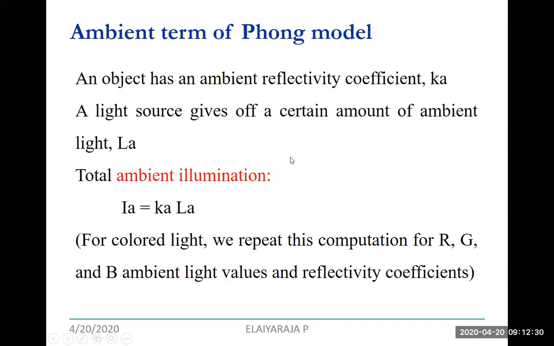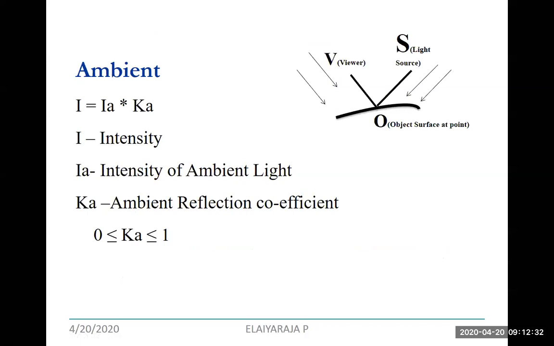So how are you going to calculate the ambient light? Suppose this is the surface, and this point O is a point on the object surface. This is the complete surface. For example, you can take a room.